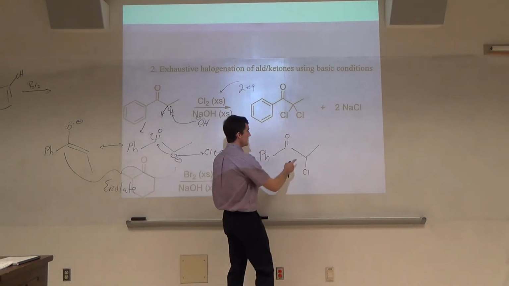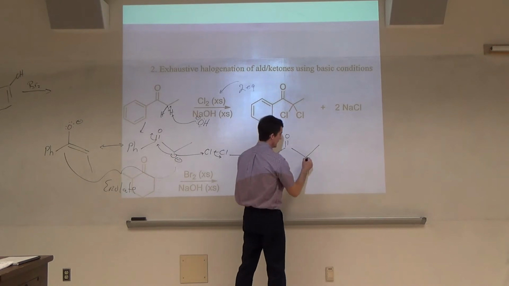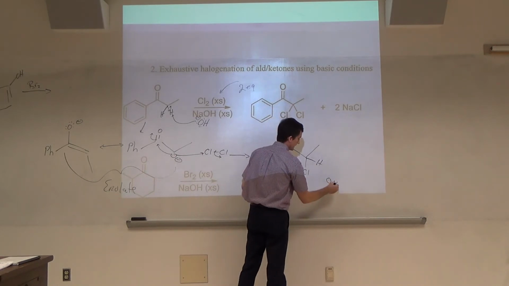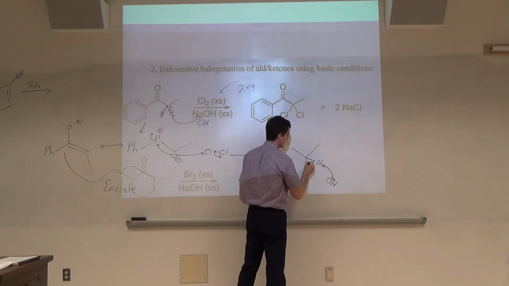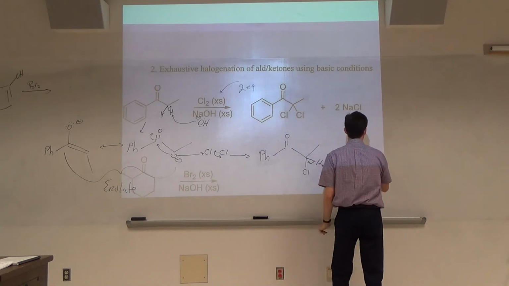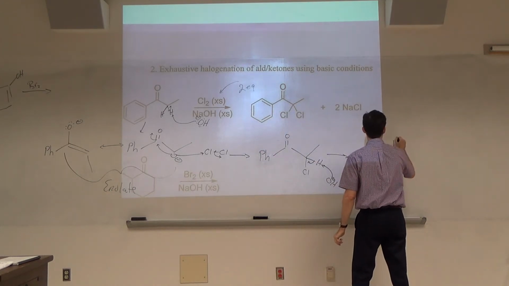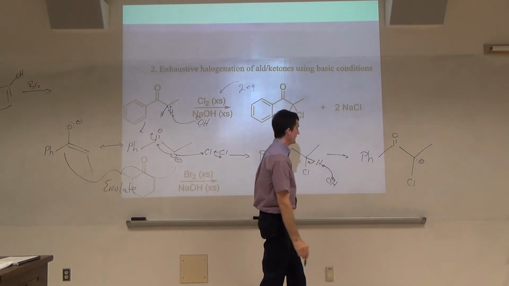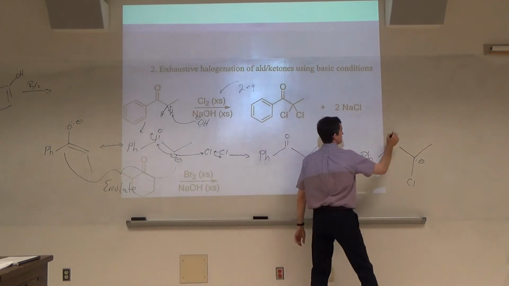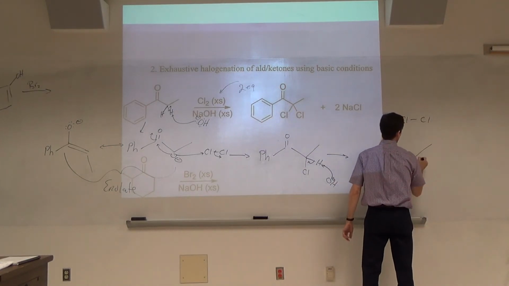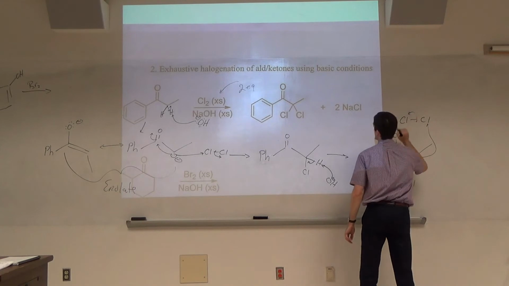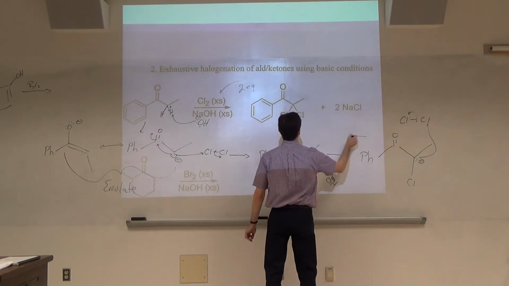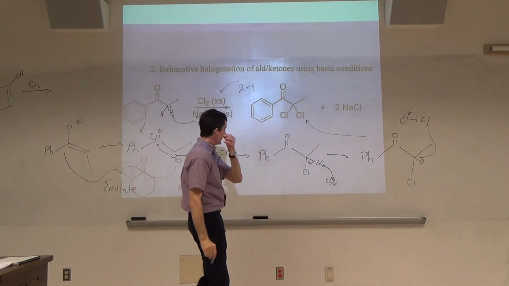What do we do? We just repeat the reaction. You come in here with hydroxide, take the H, you make the anion again, now you react this with what? The other equivalent of chlorine, and you get your final product.